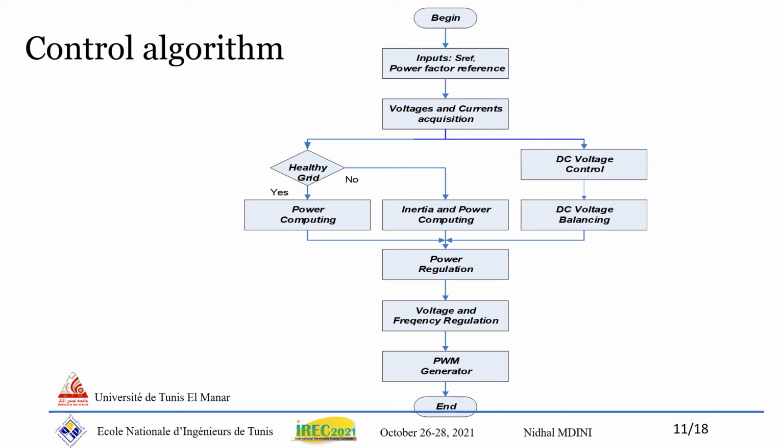The DC bus voltage control and the DC bus voltage balancing are performed at the beginning according to the grid state. A power regulation and a voltage and frequency control are developed. In case of a grid fault with unbalanced load, an inertia term is computed and added to the control.